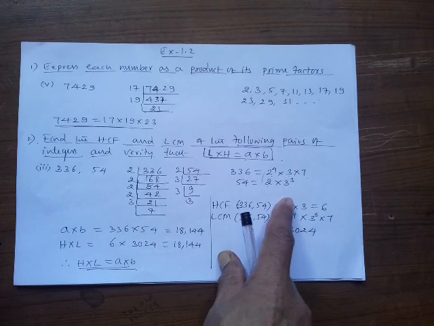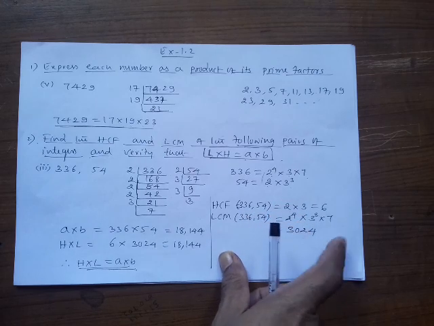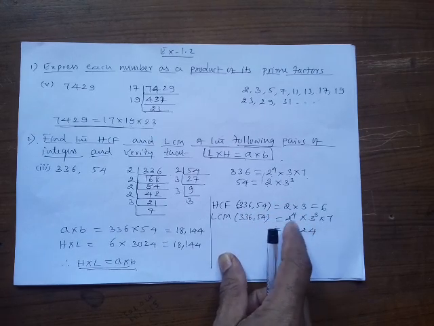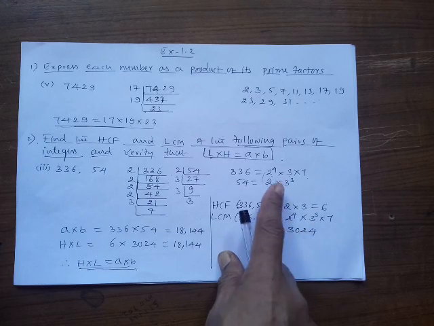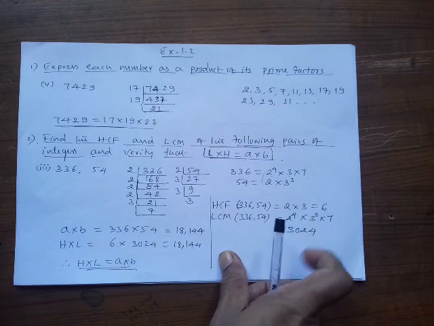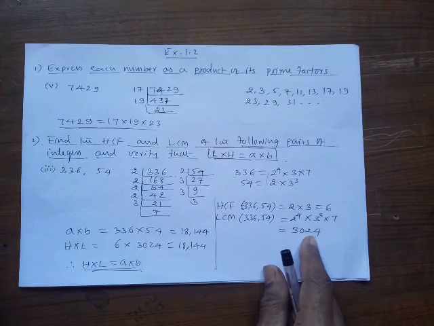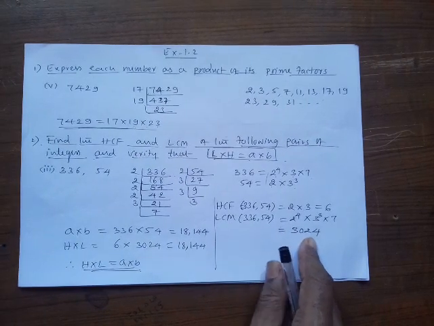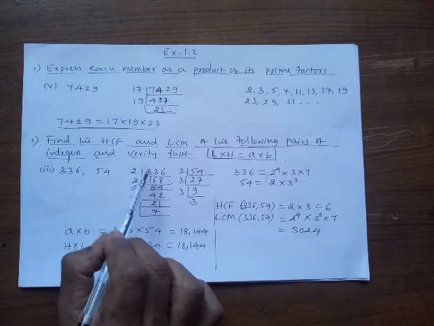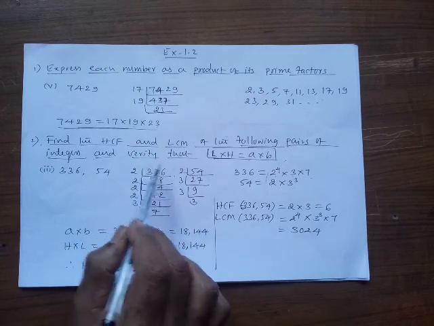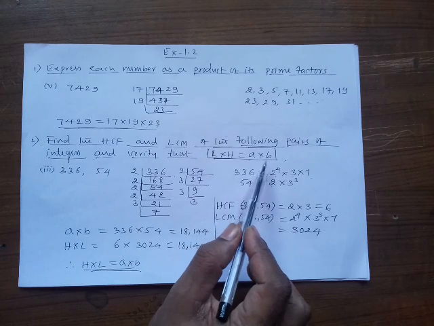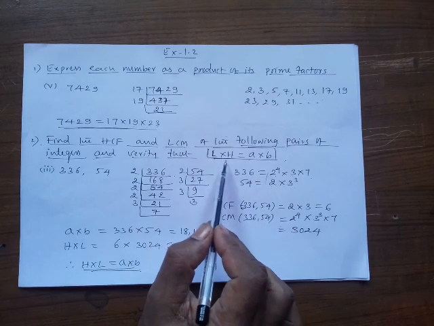For HCF you have to consider common, here no need to consider common. You have to write the highest power of each prime factor and multiply, that's all. So LCM is 3024. And one more thing you are asked to verify, that A into B is equal to L into H.